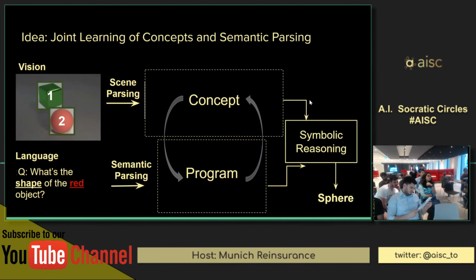So this basically closes the loop of concept learning and semantic parsing. In the Neuro-Symbolic Concept Learning framework, these two modules are jointly learned, first concept, then program, by only looking at images and reading paired questions and answers, no annotation.